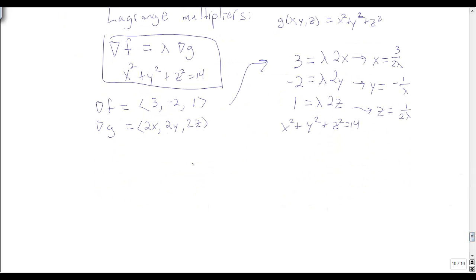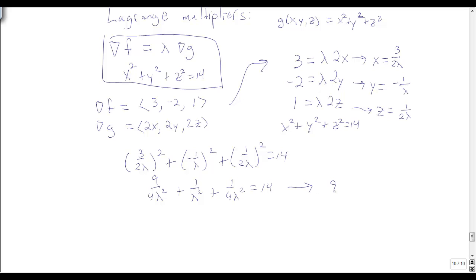And so what I get is x is 3 over 2 lambda squared, plus y is -1 over lambda squared, plus z is 1 over 2 lambda squared. This should be 14. So this is 9 over 4 lambda squared, plus 1 over lambda squared, plus 1 over 4 lambda squared equals 14. Let's multiply both sides by 4 lambda squared.